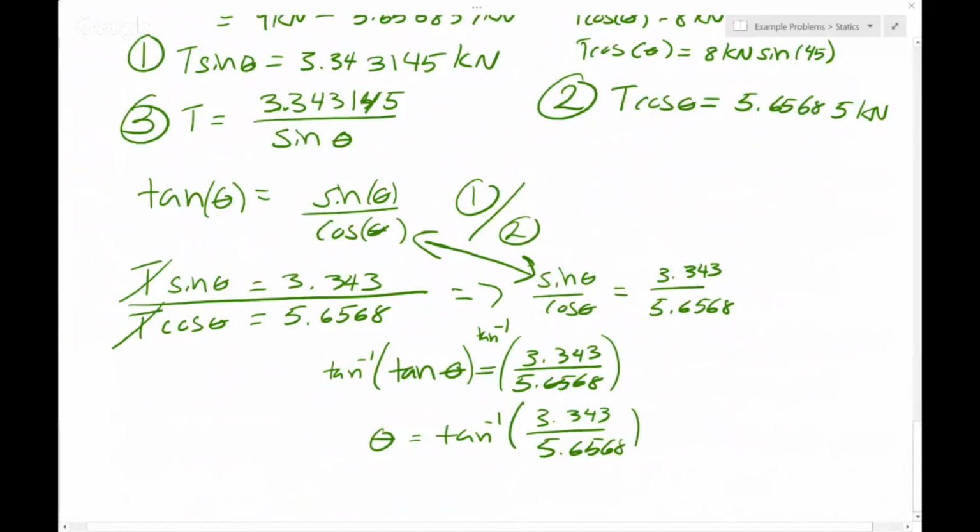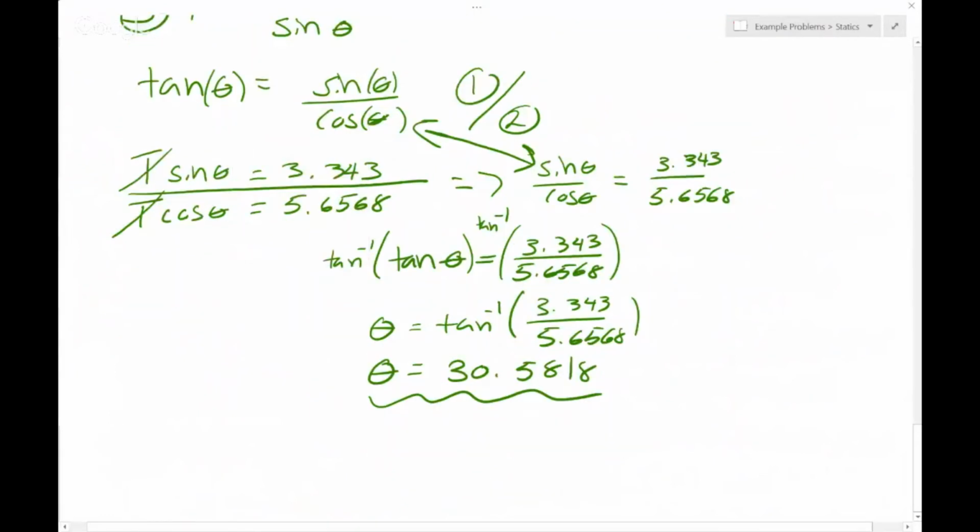And then we can just solve this by punching it into a calculator and end up getting a theta equal to 30.5818. Now that we have this angle, we can take equation 3 from up above that we solved for earlier to find our tension in our rope.